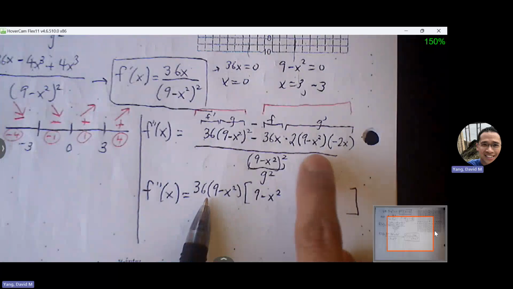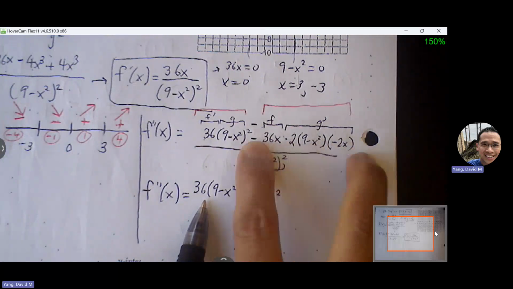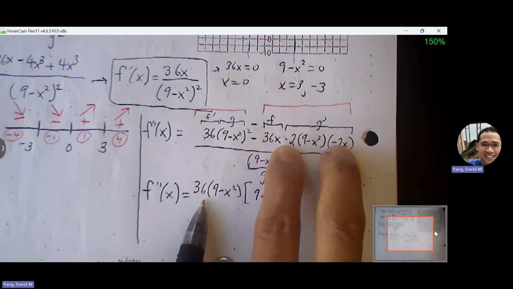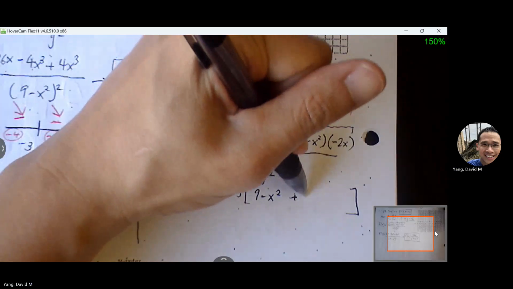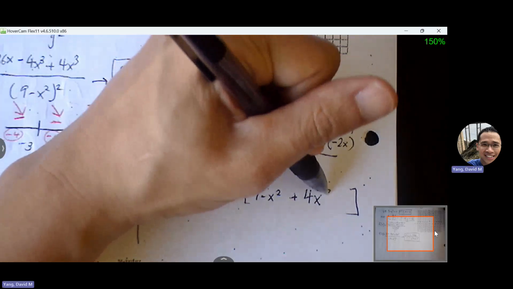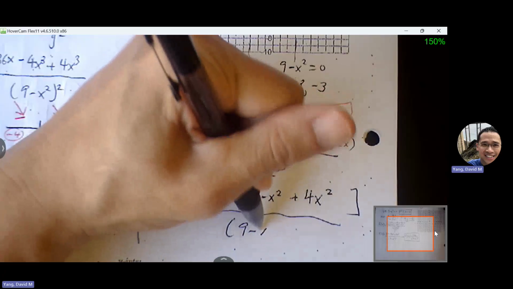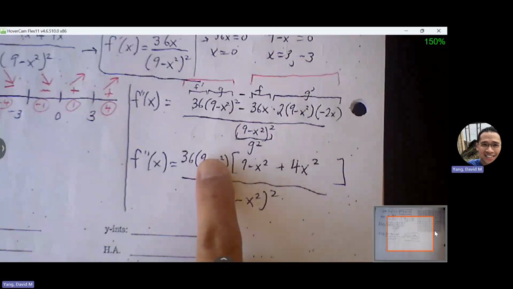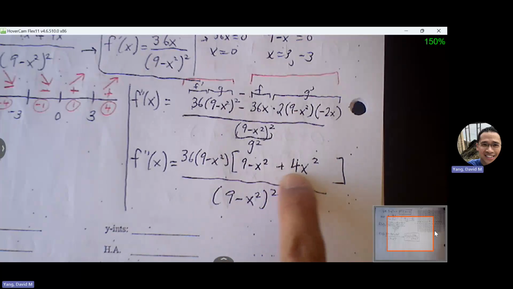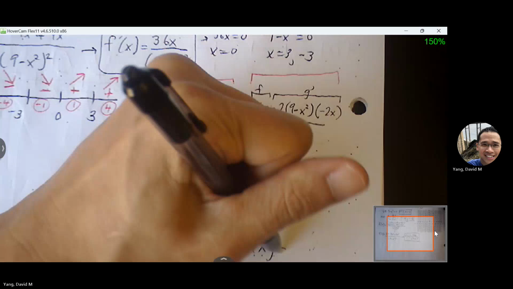And if I remove a 36 and 9 minus x squared from the second expression, I'm left with plus 4x, because there's an x remaining, a 2 remaining, and 2x. Oh, sorry, plus 4x squared, all over 9 minus x squared, squared. The nice thing here is this is already factored. We just have to put these together. So here's my cleaned up f double prime.